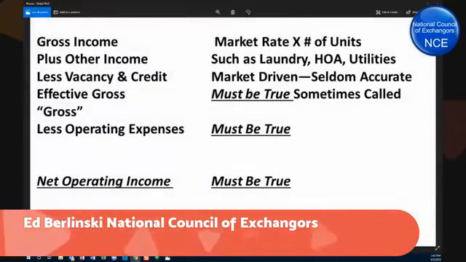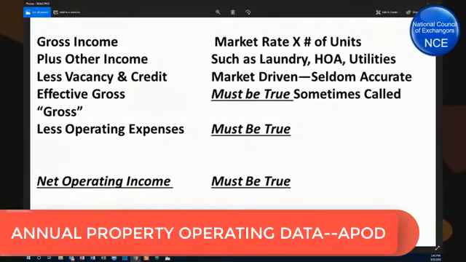The next one is really a fun one, because people say, well, I can get the tax returns from the seller, and the seller doesn't lie to the IRS. Well, he may not lie to the IRS, but there are things you can do to the APOD that will change your net operating income, and it could be good or bad, depending on which side of the transaction you're on.